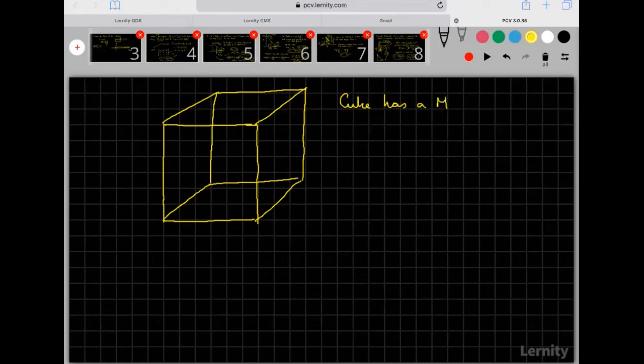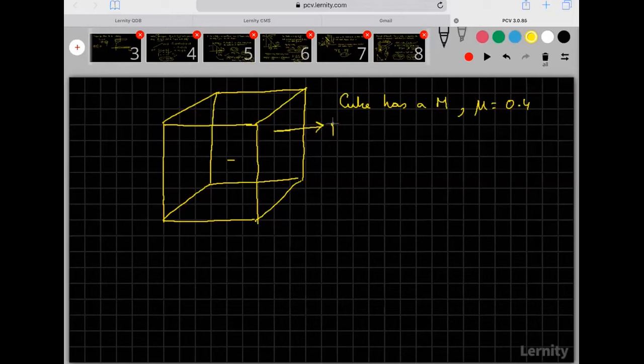Coefficient of friction mu is equal to 0.4. Now this is the center of mass. At a point here, I am applying a force F.